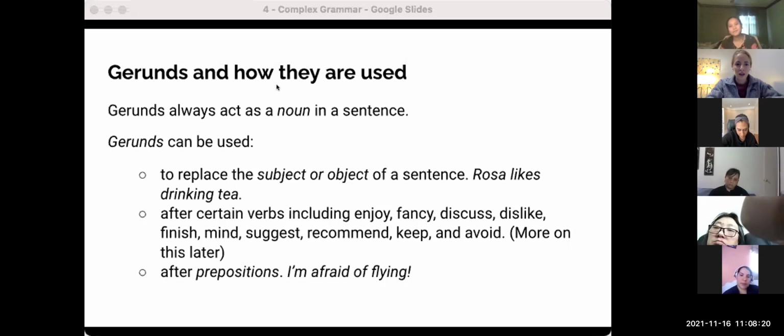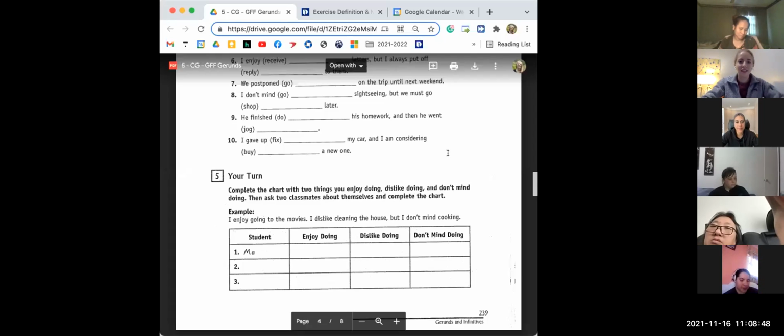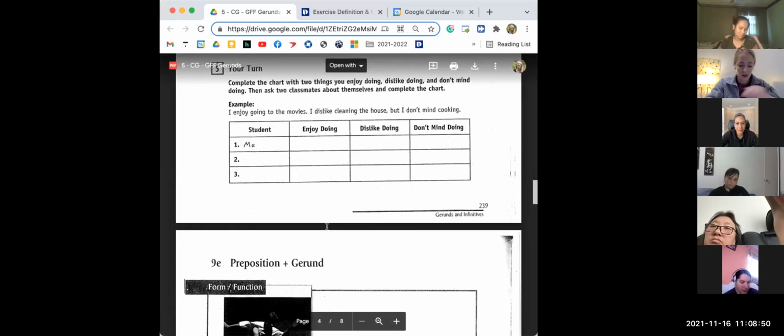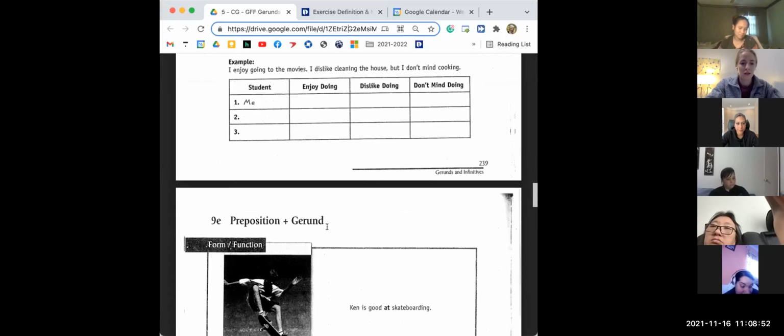So I'm going to share my screen again. Sorry about that. I'm going to share my screen again, and we're going to go over using gerunds with a preposition. Gerunds as the object of the preposition.